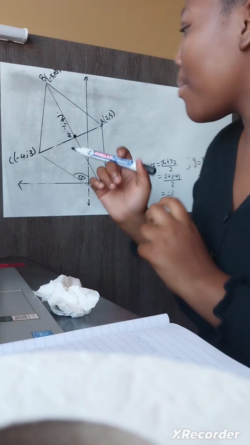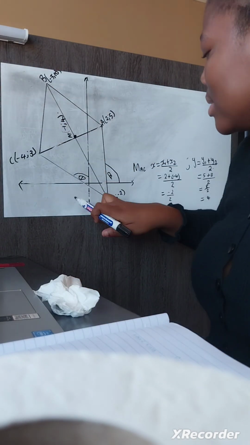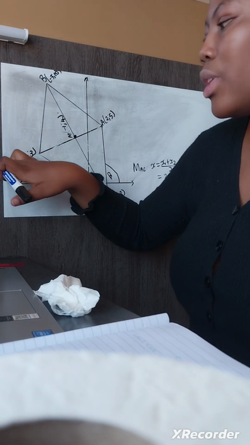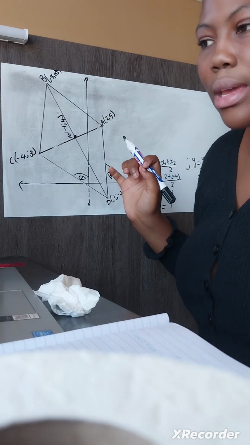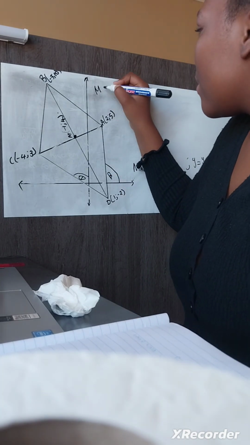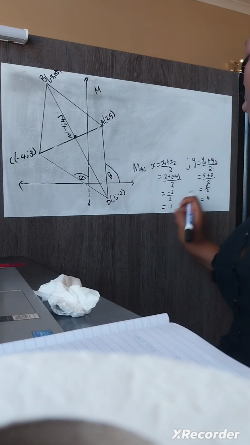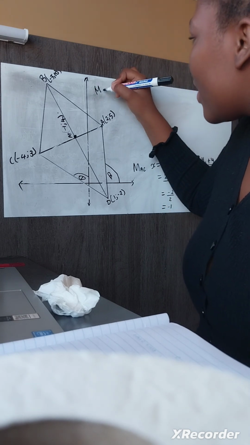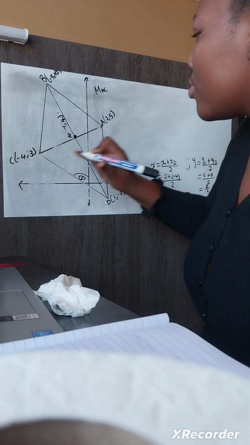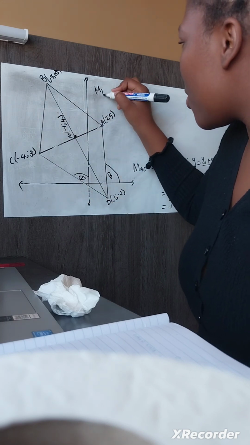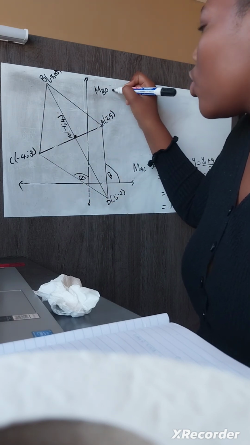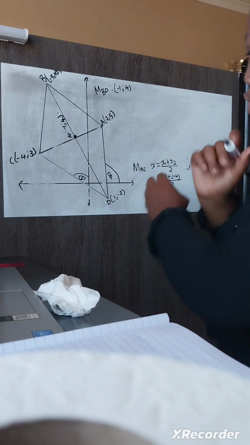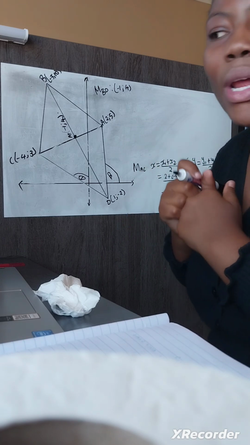First things first, they are saying BD and AC, so I must look for the midpoint of BD and the midpoint of AC, right? Using these formulas, the midpoint of BD, I found it to be (-1, 4). You can use this formula to find it. We'll get (-1, 4).